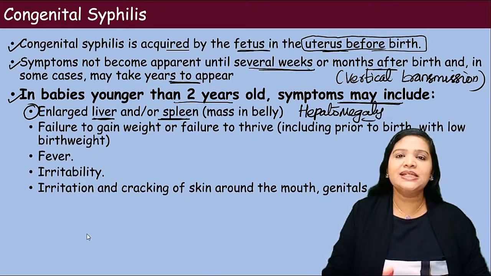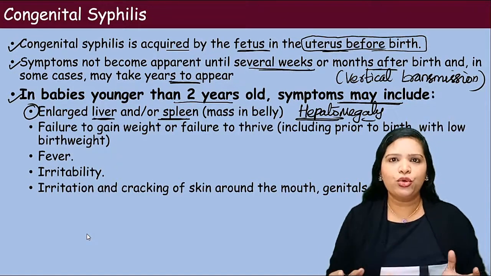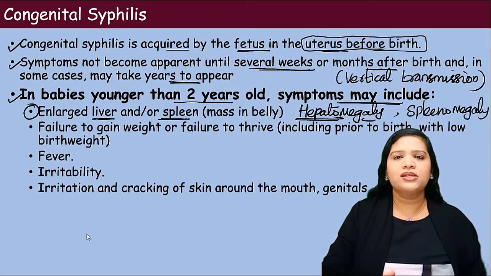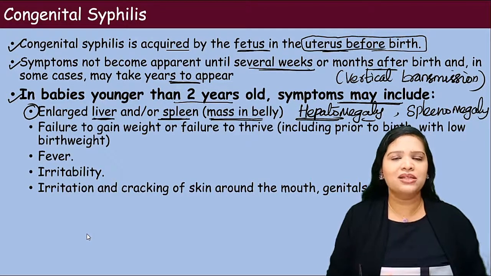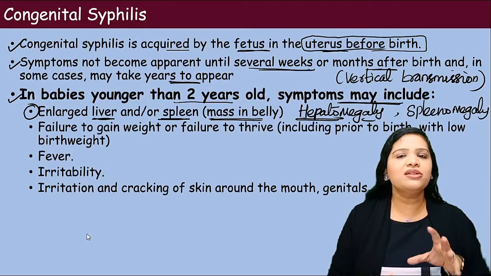Megaly means size is increased, and hepatic means liver. Similarly, splenomegaly means the spleen size is increased. There will be some bulging on the belly, called belly mass in the baby. A baby of 1.5 or 2 years will have this symptom.